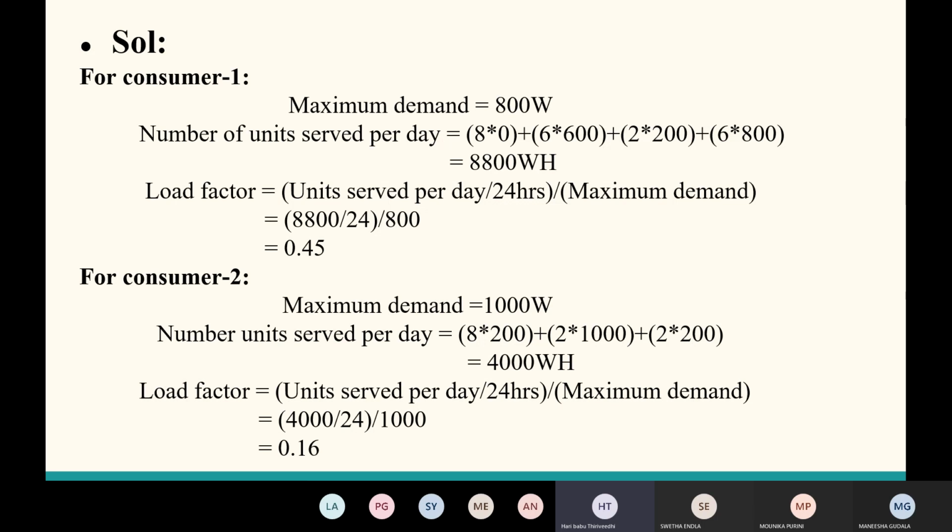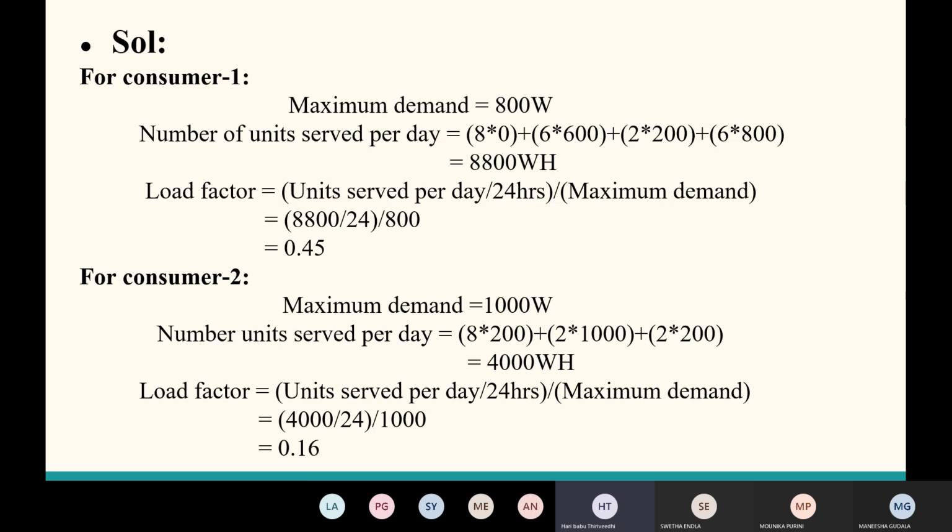Look at the table for consumer 1: 12 midnight to 8 a.m., 8 hours, but there is no load, that's why 8 into 0. 8 a.m. to 2 p.m., 6 hours, load is 600, 6 into 600. 2 to 4, 2 hours into 200, plus 4 p.m. to 10 p.m., again 6 hours, load is 800, plus 10 p.m. to 12 midnight, 2 hours into no load, 0. So the number of units served per day is 8800 watt hour.